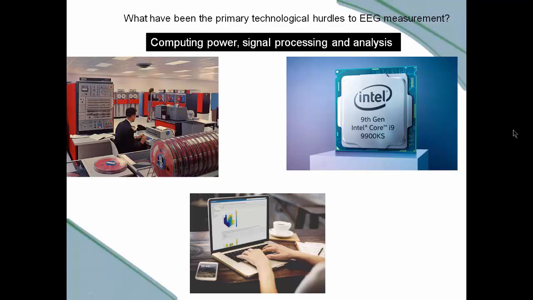So we go from those mainframes, and then we have gotten to, let's say, the 9th generation Intel core devices, and all of the wonders that we tend to take for granted with laptops and smartphones, and our ability to access almost anything and everything through the internet and through the digital intermediaries therein.